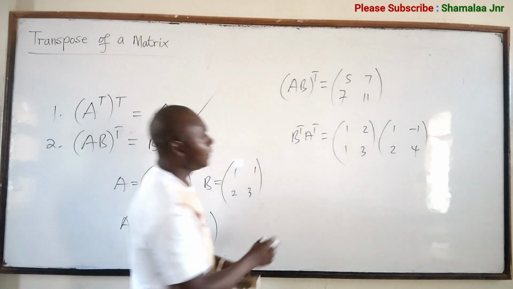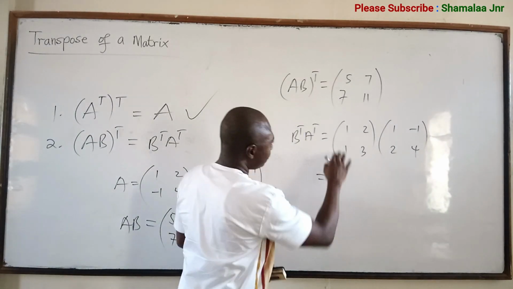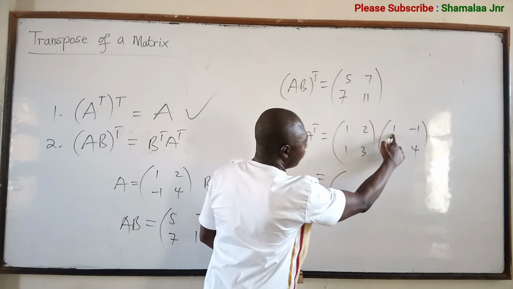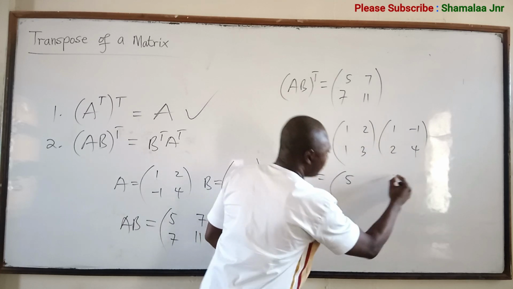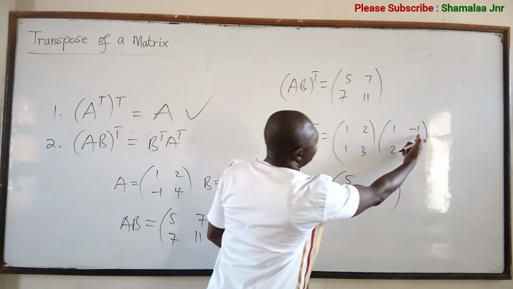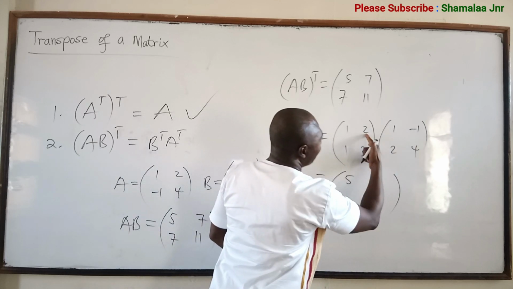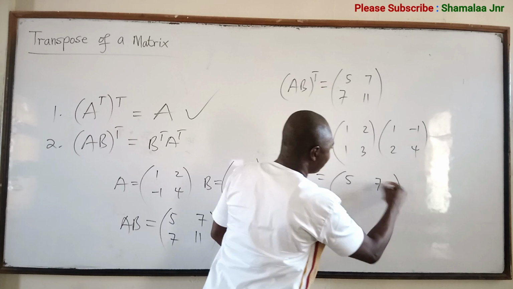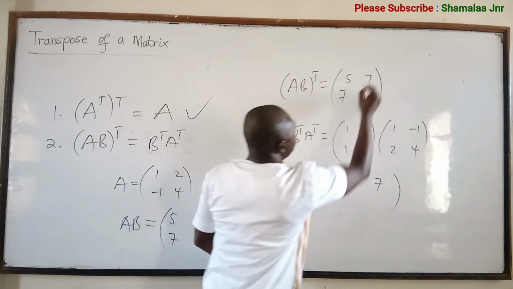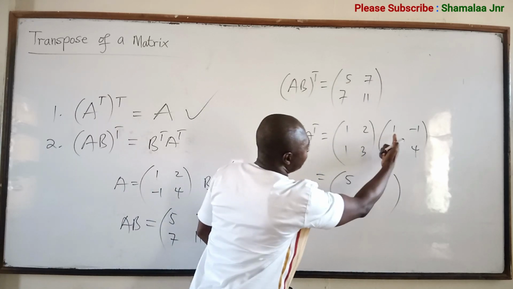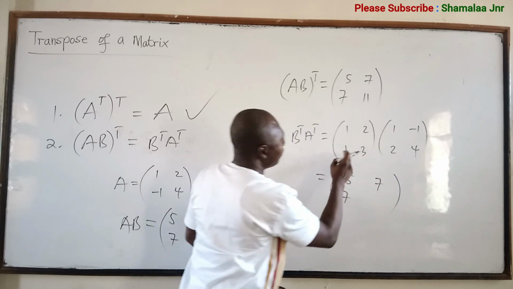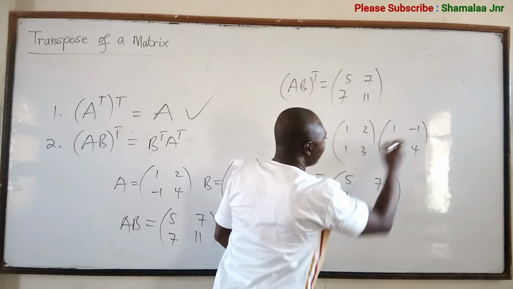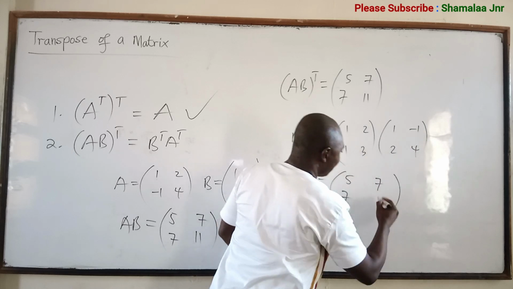Now when you multiply, you are going to get this time this is 1 plus 4, that will be 5. 1 times -1 is -1 plus 8, that will be 7. Isn't it? 1 times 1 is 1 plus 6, that is 7. 1 times -1 is -1 plus 12, that is 11.